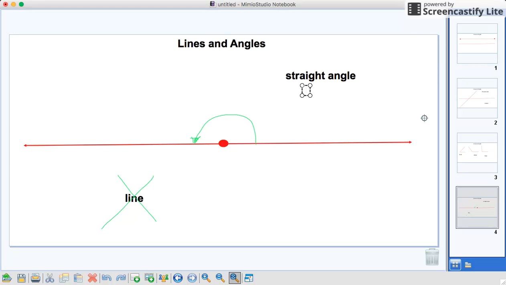And these angles have, let's see if I can get this to work right. Oop, nope, I got them reversed.